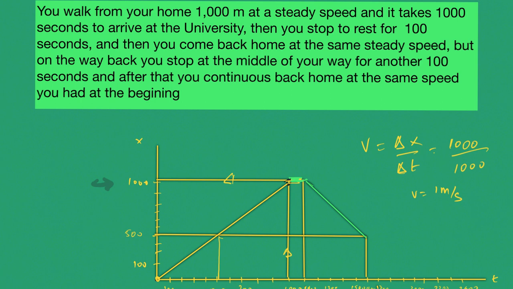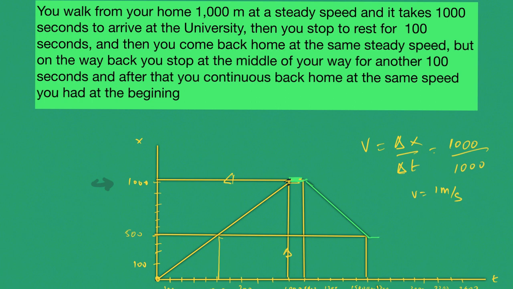And the problem says that when you are at the position x equals 500, you decide to rest, for about another 100 seconds. You decide to rest, which means that you are not moving, so the slope of the graph has to be zero. So it's a horizontal graph.